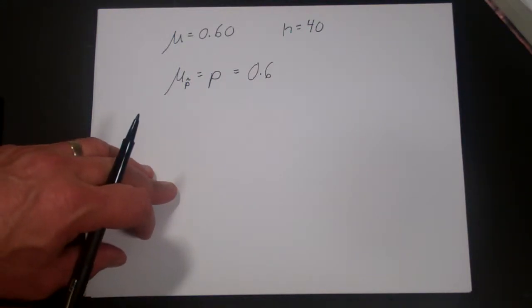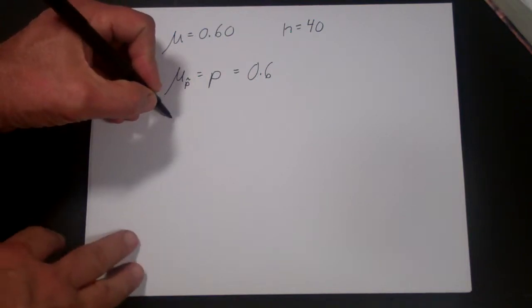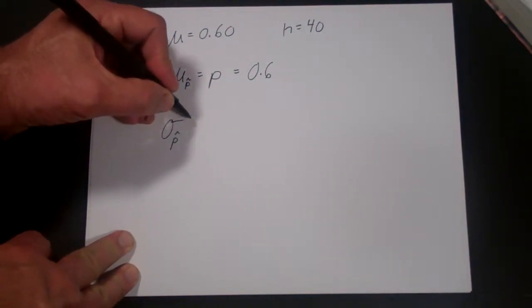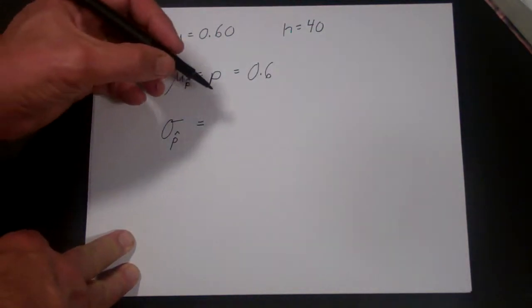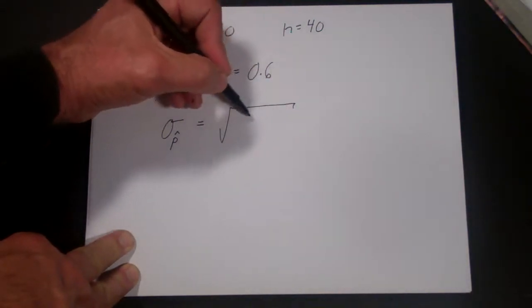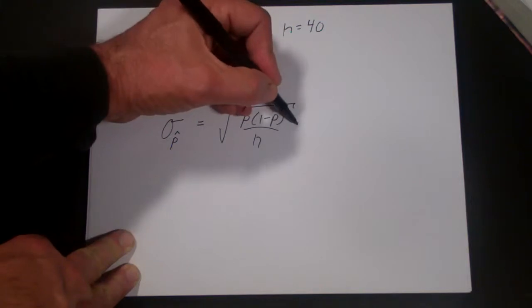However, there's variability when you take samples. Sometimes you get one number, sometimes the other, and we'll measure that by sigma p-hat. Sigma p-hat will be equal to the square root of p times 1 minus p over n.